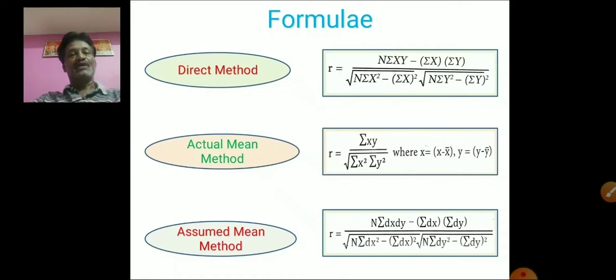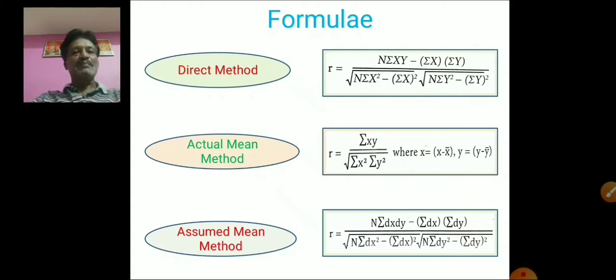Here the formula is R equal to n sigma xy minus sigma x into sigma y, the whole divided by under root of n sigma x square minus sigma x the whole power 2 into under root of n sigma y square minus sigma y the whole power 2.